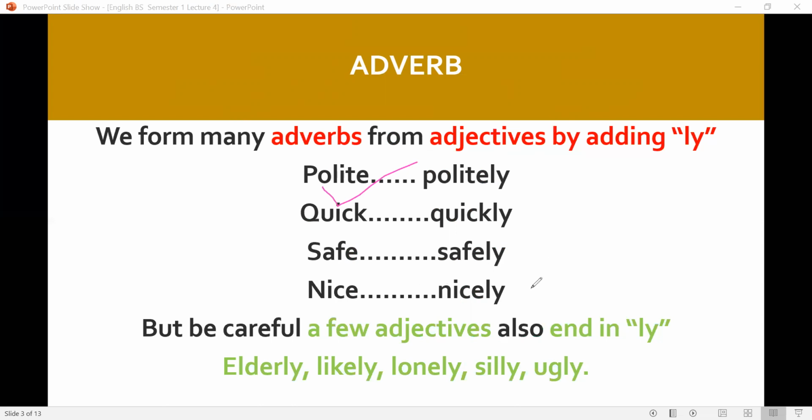But not every word with an ly ending is an adverb. A few adjectives also end in ly, like elderly, likely, lonely, silly, ugly, and many more. You should be very careful while deciding whether this is an adjective or an adverb.